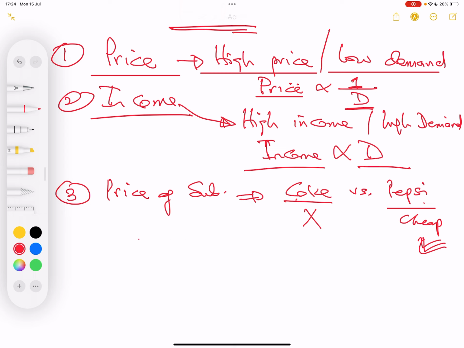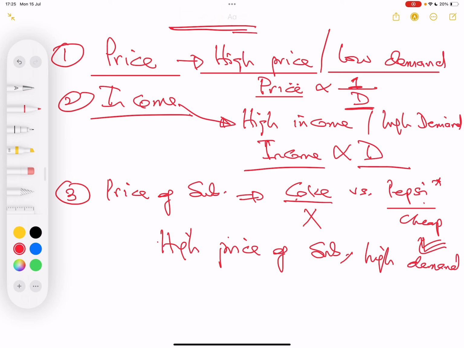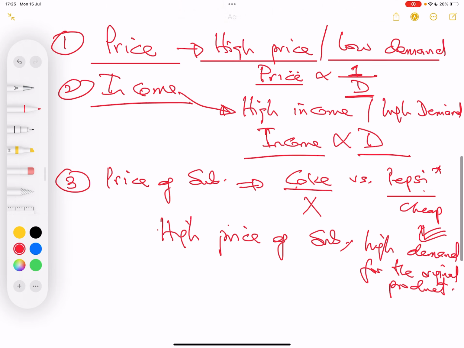So let's stick to the higher price so you get it straight and you tweak it the opposite. If the substitute is super expensive, there will be high demand for Coke.